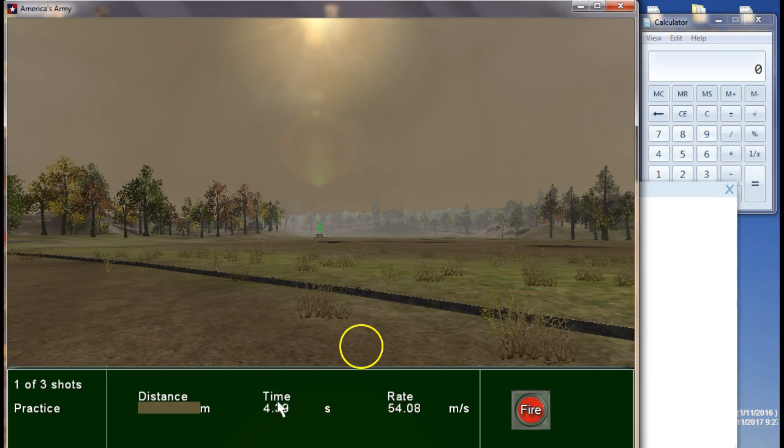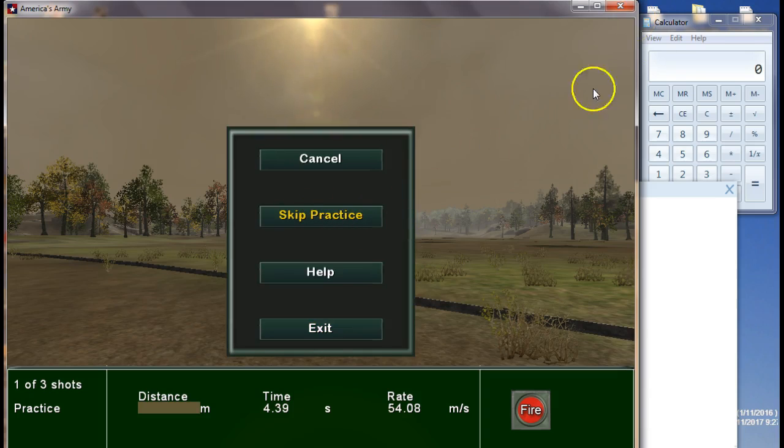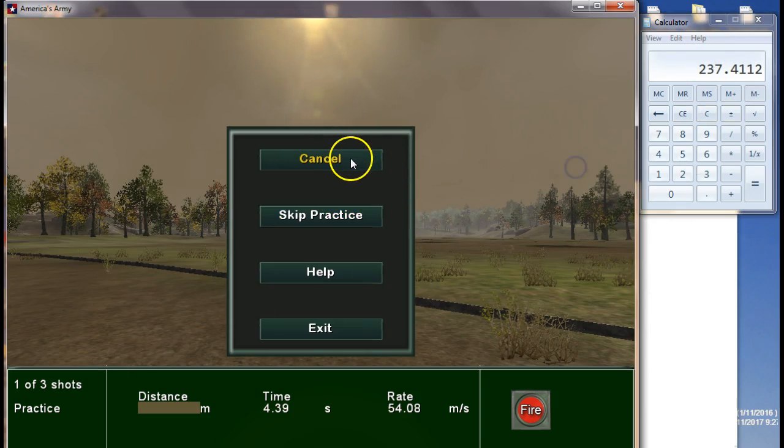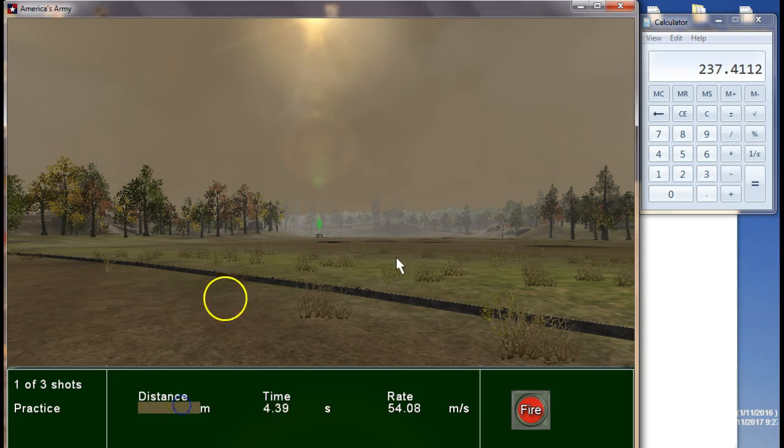So distance is equal to time times rate. So I'm just going to come over to my calculator, type that in. Be sure you type it into your calculator very carefully, or you're going to get it wrong. We'll come back over here, and I'm going to type it in.